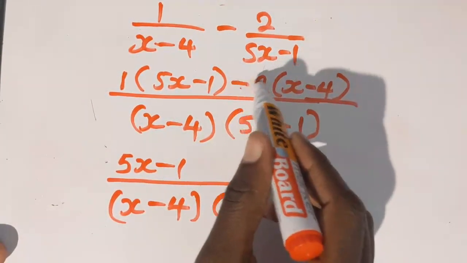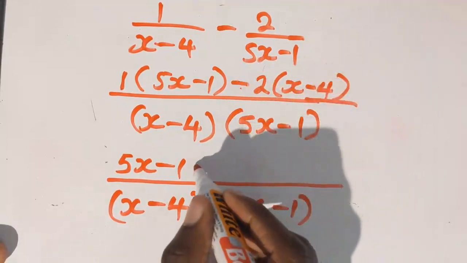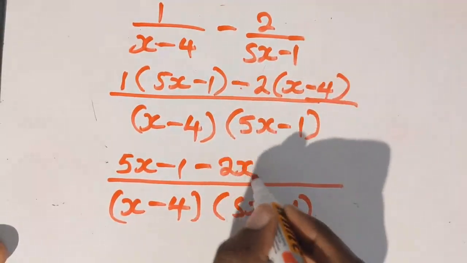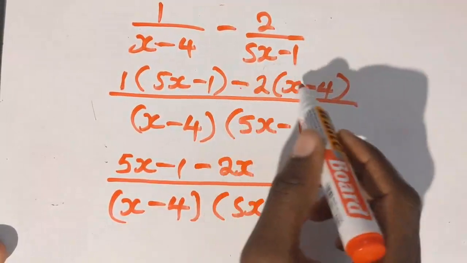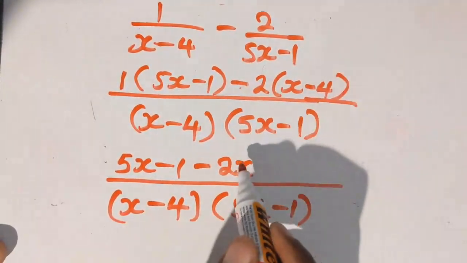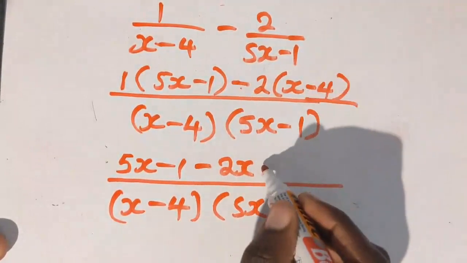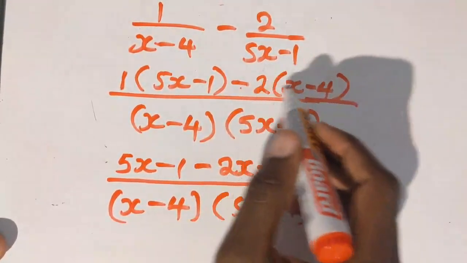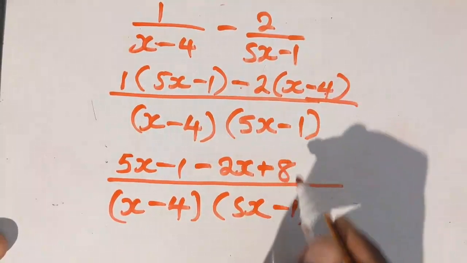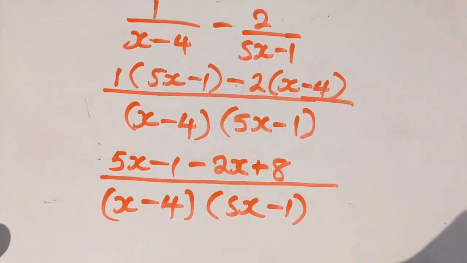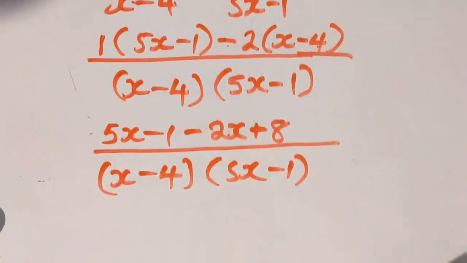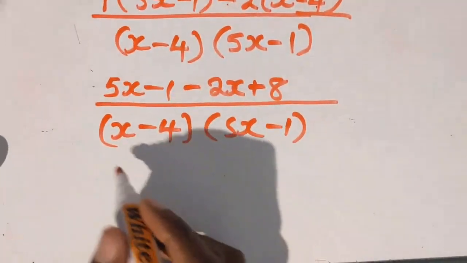So here, let's multiply. This is negative 2 times x. That's going to give you negative 2x. Then here, negative times negative. Most of the people make mistakes. So we multiply negative times negative, it's going to give you positive. Then 2 times 4 is going to give you 8, like that. Then from here you can actually solve.